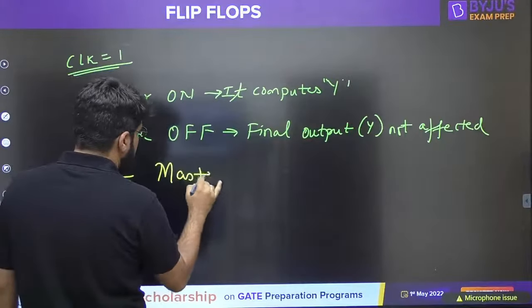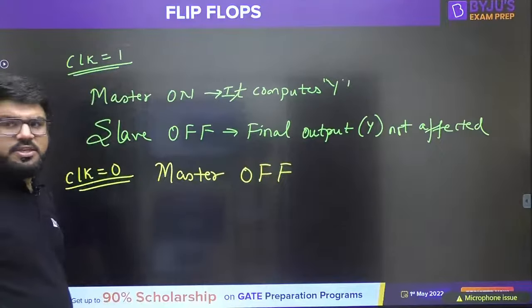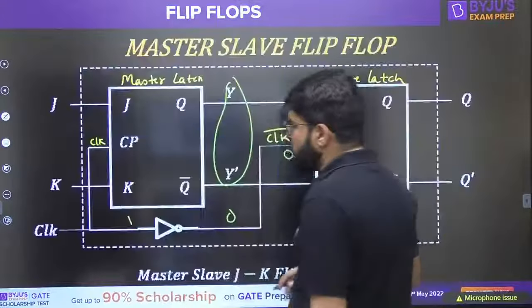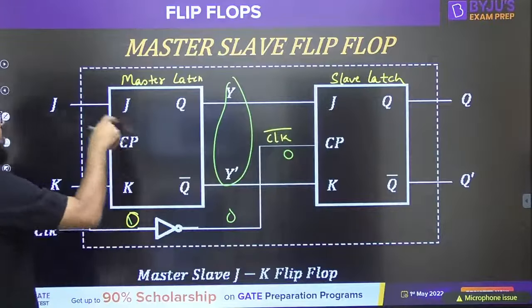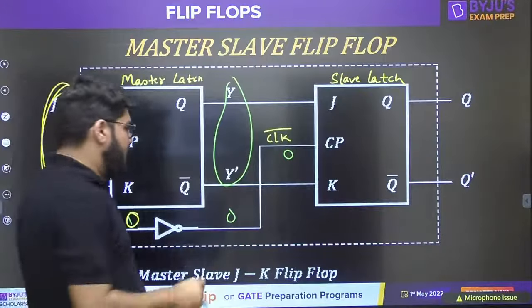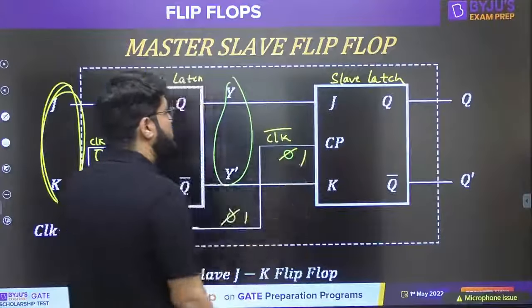Sir, if now the clock becomes 0, what happens to the master? The master is now off, right? Now the clock is 0, so the master is off, and because the master is off, it will not accept any more input. But the clock bar now becomes 1 and the slave becomes on.